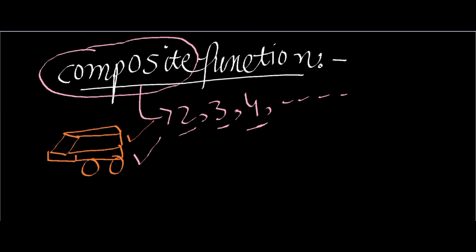I have two different functions. The first one over here is f of x equals x plus 3. What does this function do? It adds 3 to whatever I give it. For example, if I give it 2, it's going to give me 5. If I give it 3, it's going to give me 6.